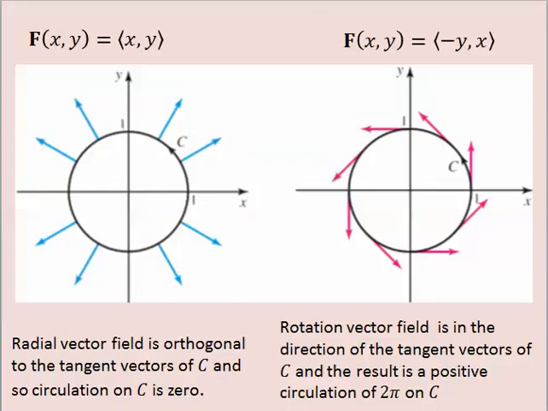So in summary, the radial vector field ⟨x, y⟩ is orthogonal to the tangent vectors of C, giving a circulation of 0. The rotation vector field ⟨-y, x⟩ is in the direction of the tangent vectors of this curve, and the result is a positive circulation on the curve.